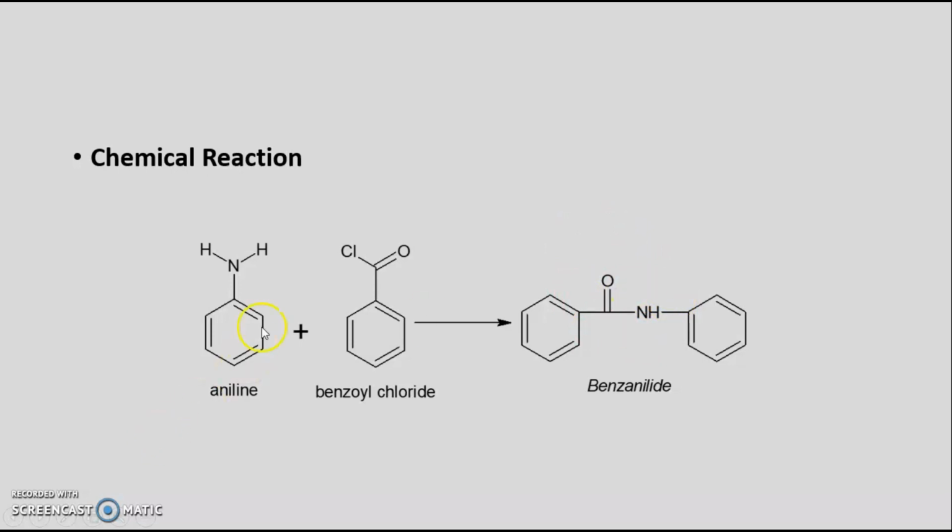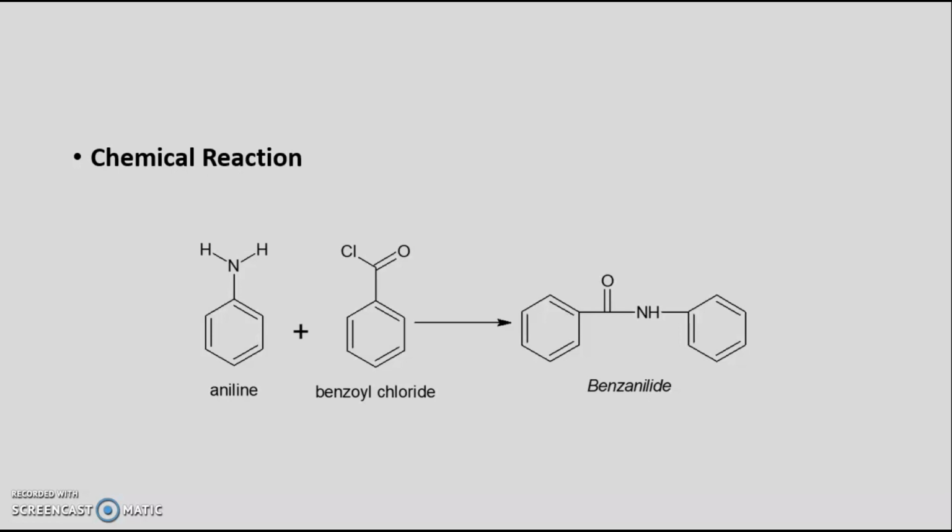And if, instead of aniline, that is the amine, we use phenol and react it with benzoyl chloride, it leads to the formation of an ester. So either aromatic amines or phenols, when they are reacted with benzoyl chloride in the presence of alkali, that is sodium hydroxide, generally give either the ester or the amide.